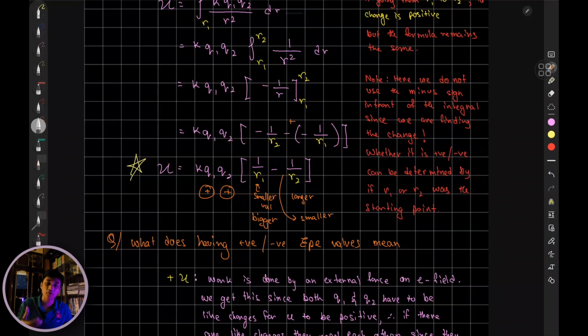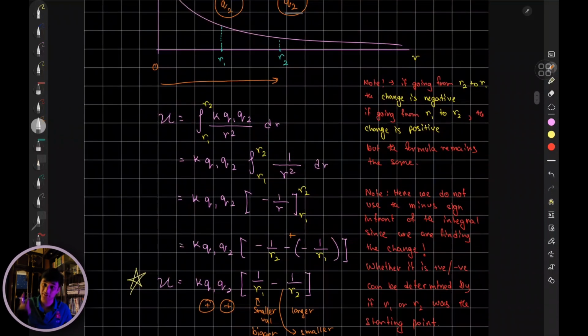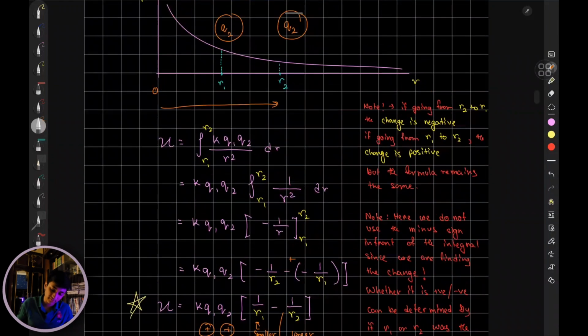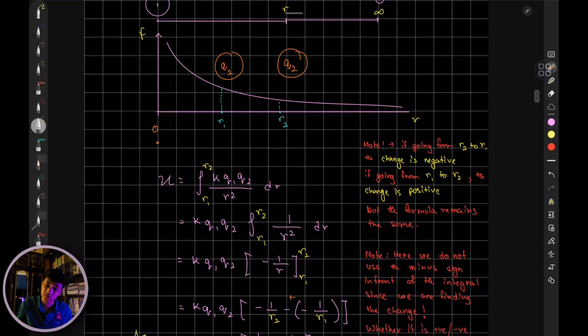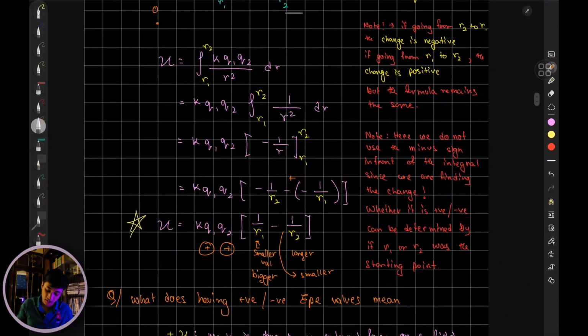The change can be positive or negative, and if it is positive, it's going to be coming towards the positive charge. But in this case it's moving away. Since it is moving away from the charge, the change is actually negative. It is a negative change. So when you're writing your final answer, you can write it as minus the value you get from this equation.